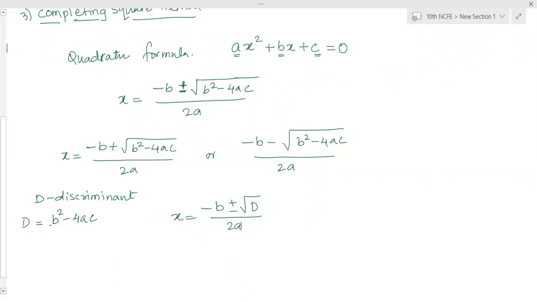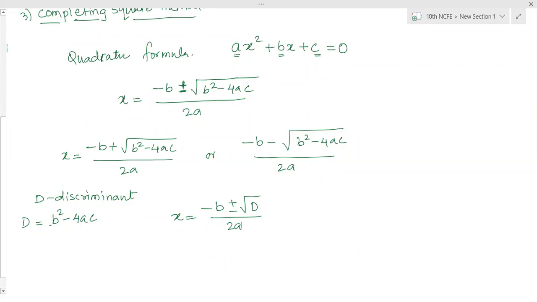Another benefit of finding the D value separately is easiness for you. Because every time you are substituting directly into the formula, minus b plus minus square root of b square minus 4ac by 2a, and you keep simplifying b square minus 4ac, you have to keep writing that minus b plus minus inside the square root again and again.